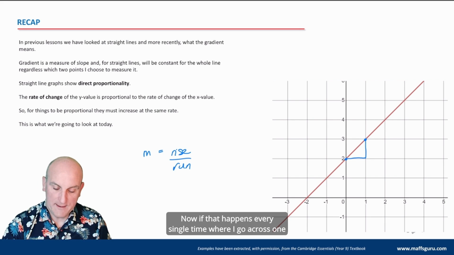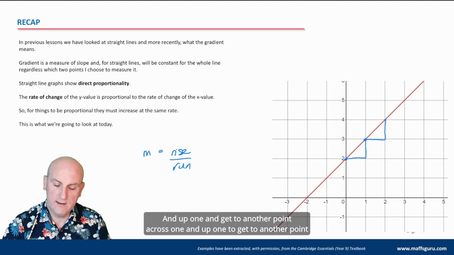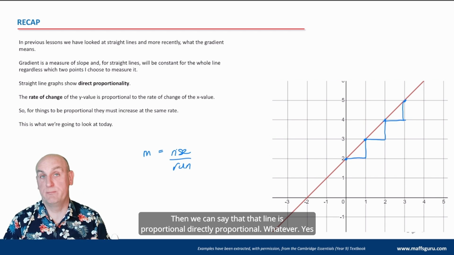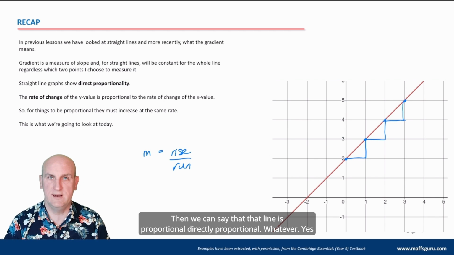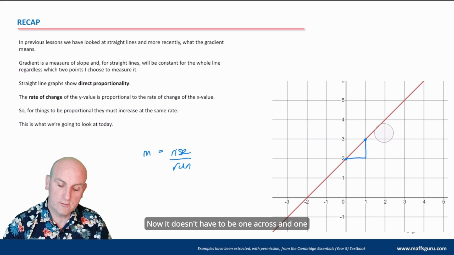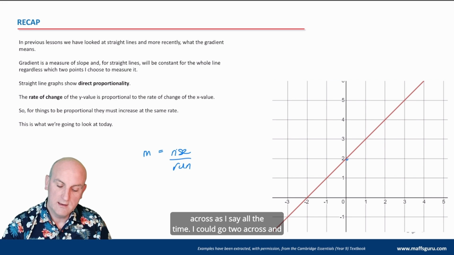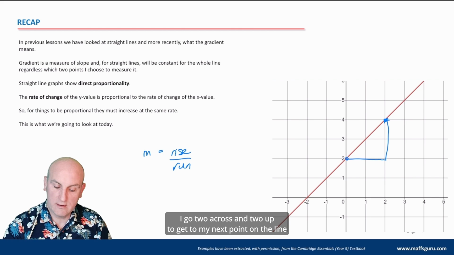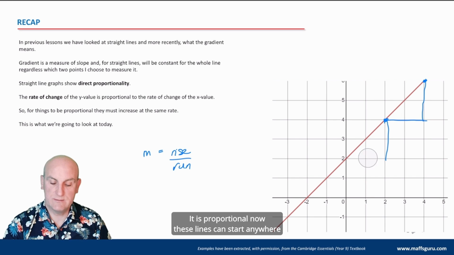If that happens every single time, across 1 and up 1 to get to another point, then we can say that that line is directly proportional. It doesn't have to be 1 across and 1 up. I could go 2 across and 2 up, so long as, starting at my new point, I go 2 across and 2 up to get to my next point on the line, it is proportional.